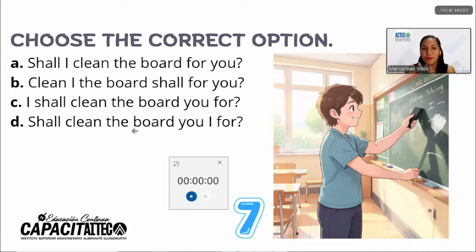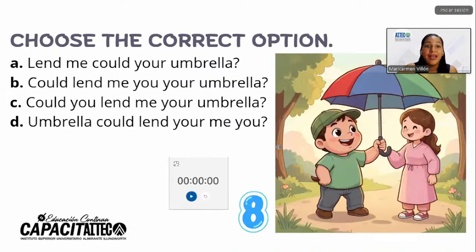Very good. Letter A. Should I clean the board for you? Very courteous. Solo que yo usé borrow, lend, son sinónimos, synonyms. So what is the correct answer? A, B, C, or D?